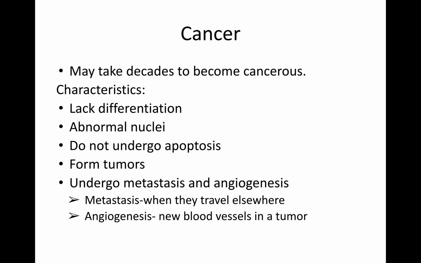That can be very bad, because all those cancer cells are getting direct nutrients from your blood. That's angiogenesis. I'm trying to think of a way you can keep those two apart. I guess you'll just have to learn them. I can't think of any silly analogy. So metastasis and angiogenesis will be on your test.